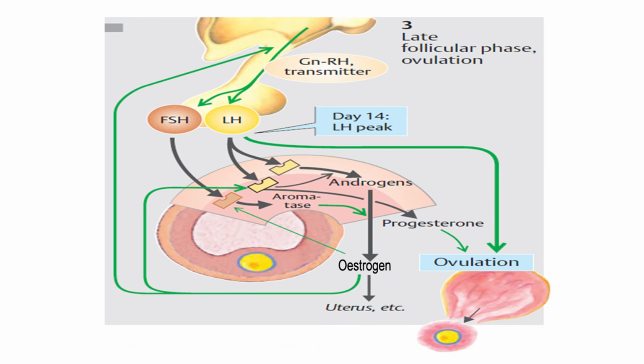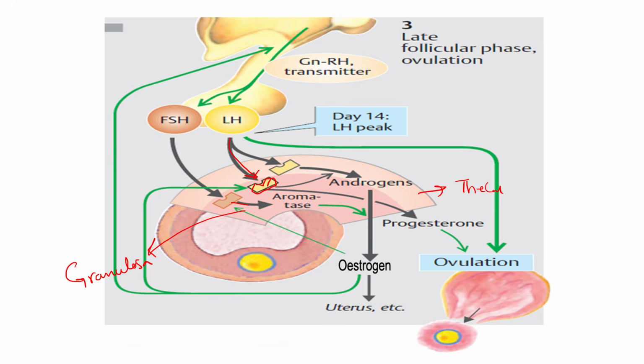In the late follicular phase, just before the ovulation, LH also causes activation of granulosa cells. Prior to that, LH has receptors only over theca cells. But just before the ovulation, granulosa cells also will have LH receptors.